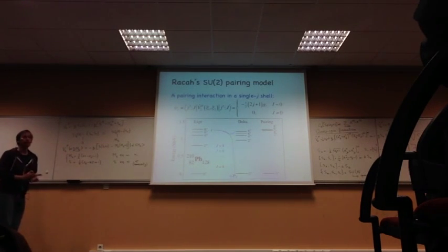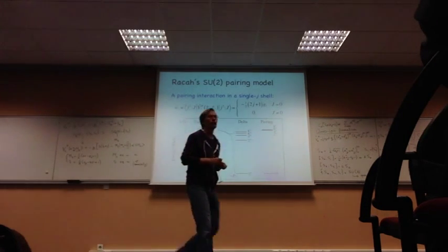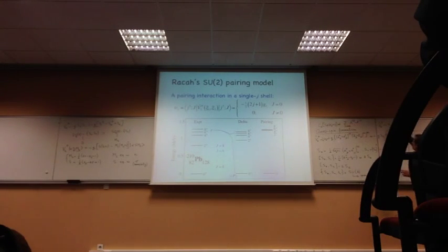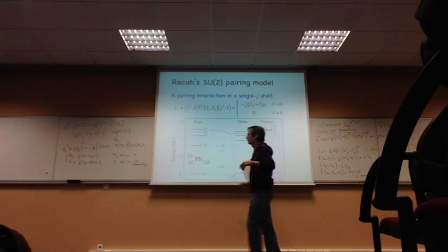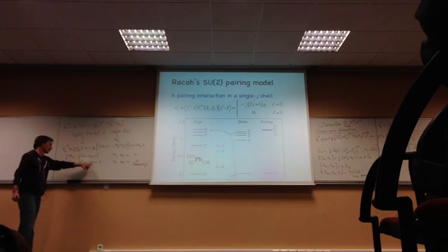Just to double check, this v has nothing to do with the interaction strength, right? No, this is an unfortunate notation, the interaction strengths are labeled with V with index J, the spin. But seniority is conventionally labeled by this v.